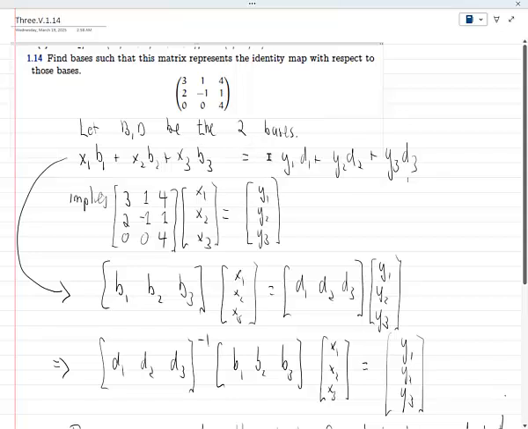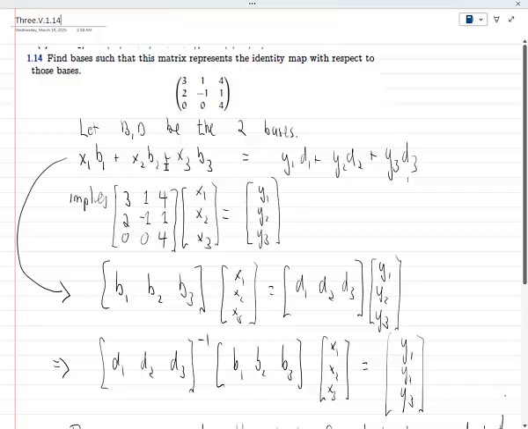Okay, so here what they're saying is that the identity map from basis B to basis D is expressed by this matrix. It means I can get the coefficients for the D basis from the coefficients from the B basis by using this matrix. That's what it means. Okay, right. Now, I want to relate this matrix equation to this vector equation, and that's the key here.